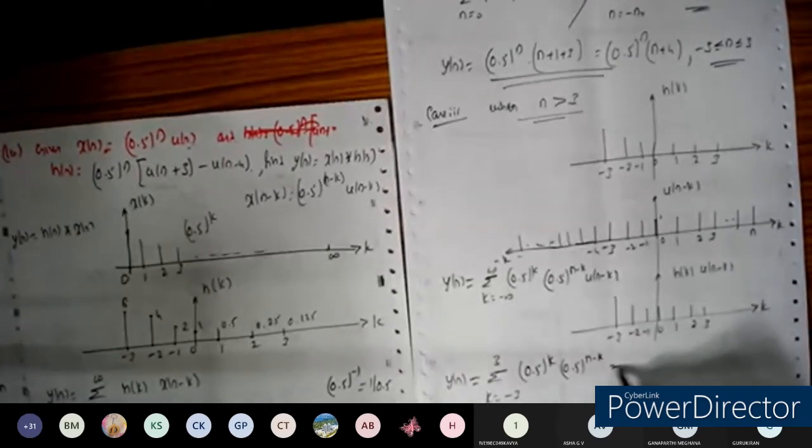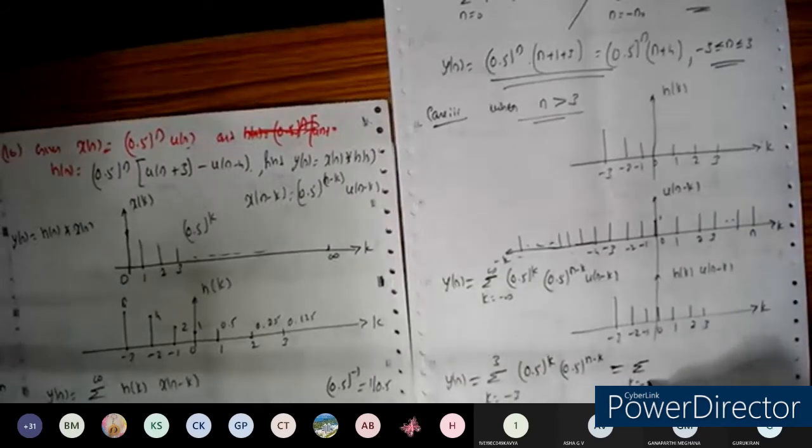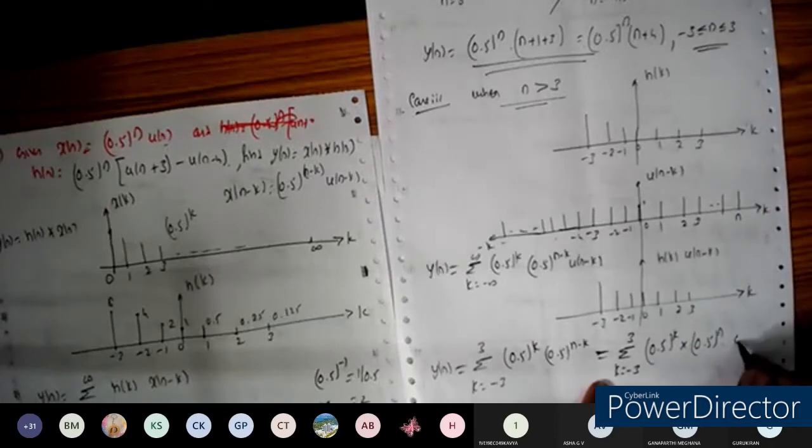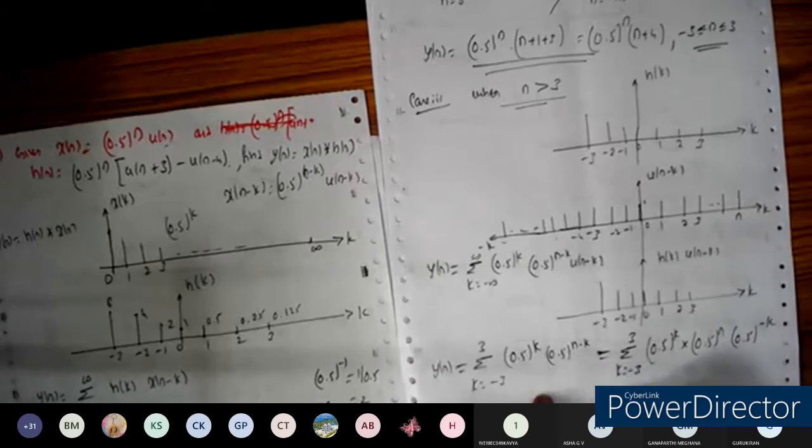Now let us split this term here. Summation k equal to -3 to +3, 0.5 to the power of n into 0.5 to the power of k into 0.5 to the power of minus k. So plus k and minus k will get cancelled.